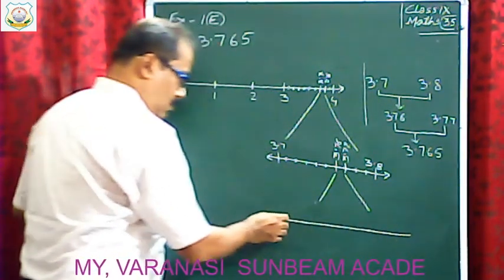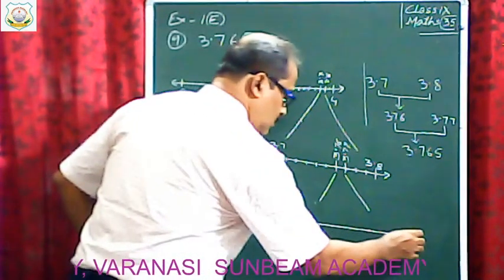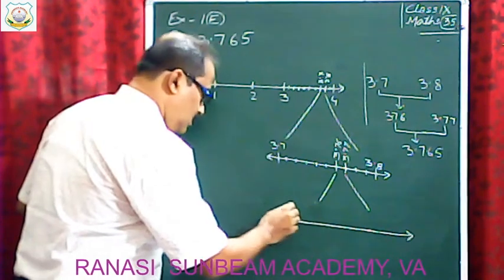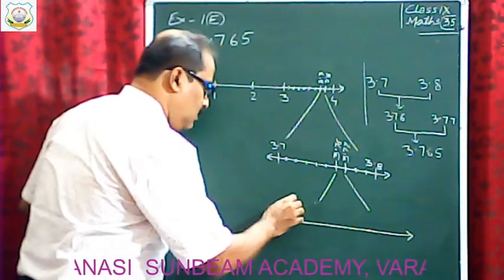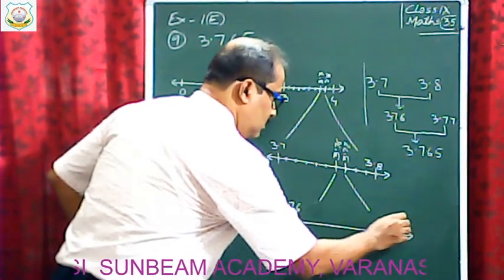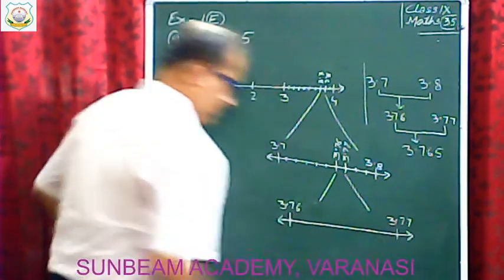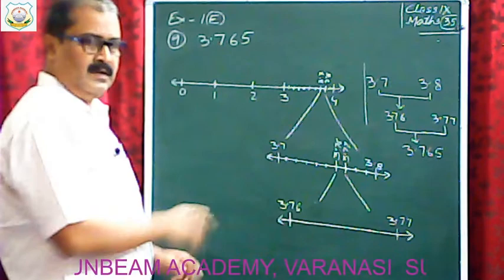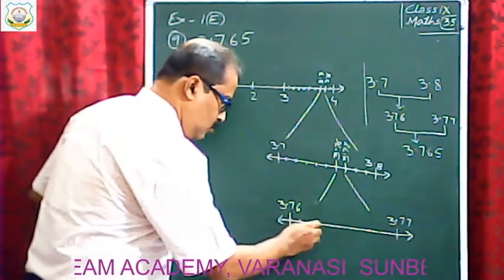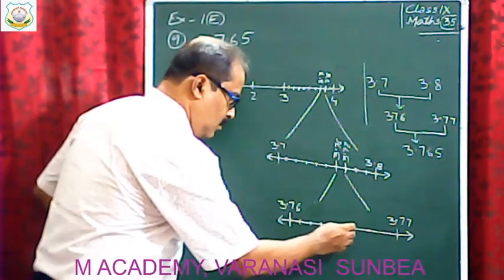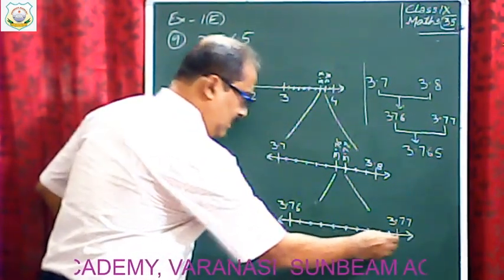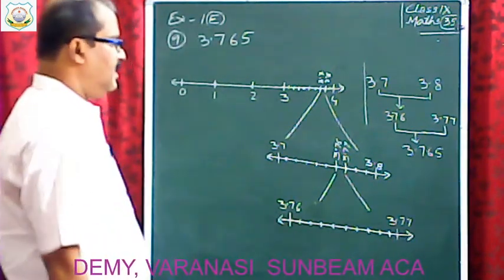Again, you have to draw a part of number line, and thereafter you have to write 3.76, 3.77 and divide it into again 10 equal parts. 1, 2, 3, 4, 5, 6, 7, 8, 9. 9 dots are 10 equal parts.